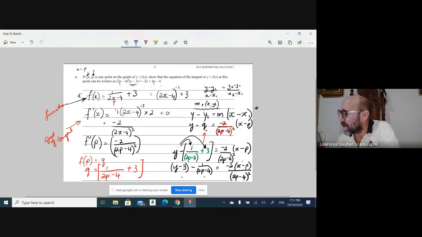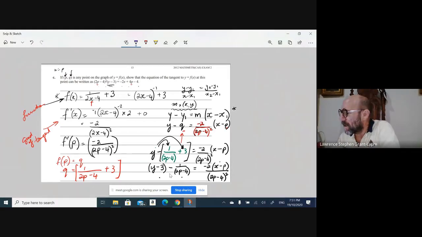Now if I multiply this and this by 2p minus 4 squared, I will get y minus 3 multiplied by 2p minus 4 squared, minus, and I'm going to multiply that by 2p minus 4 squared.